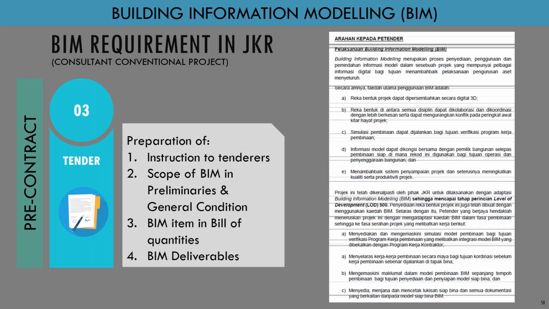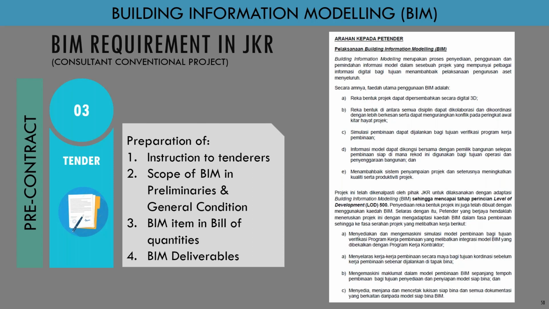Okay, during tender, especially for the QS, if all the models are already done and everything is satisfied, all the clashes are zero, there are no design issues, we have a cost estimation and we put all the quantities into the BQ. Okay, in JKR we have our instruction to tenderers, which is what we give as a standard, put in our instructions to tenderers for the contractor bidding for the tender.